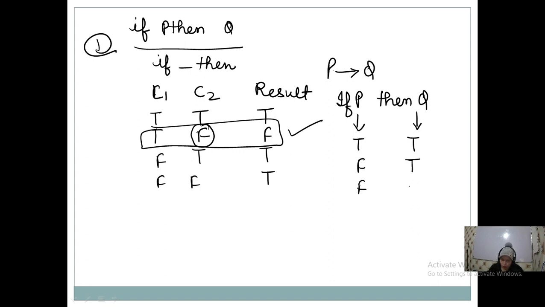If both false, if both true, in all these conditions the result will be true. But if the first condition is true but the second condition is false, that case is false.